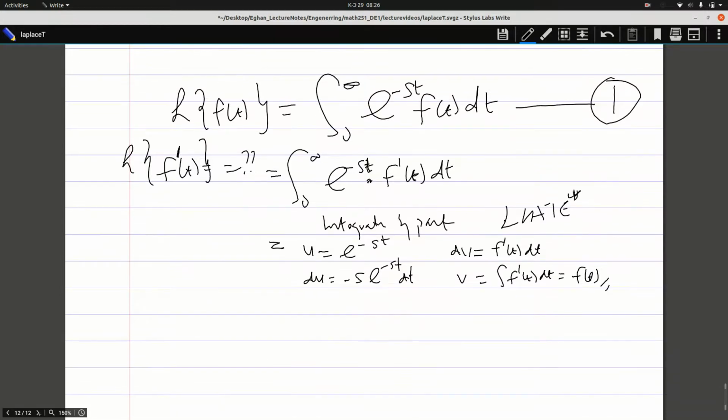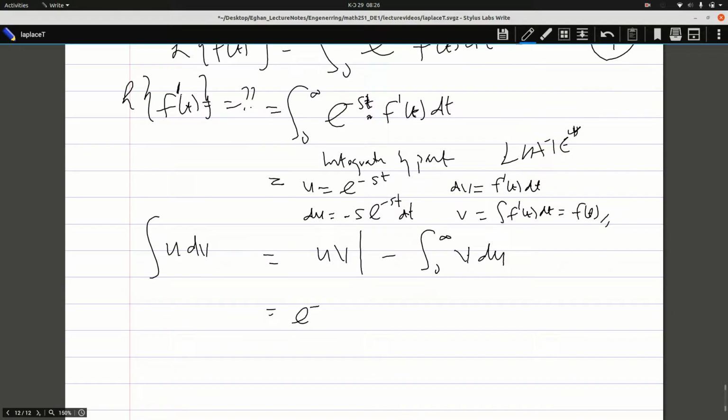So by substitution, I'm integrating u dv, which is the limits of uv minus the integral of v du. By substitution, I have my u as that, my v as this, so from 0 to infinity, my v as f of t, and du. So this is what I have, negative s f of t dt.